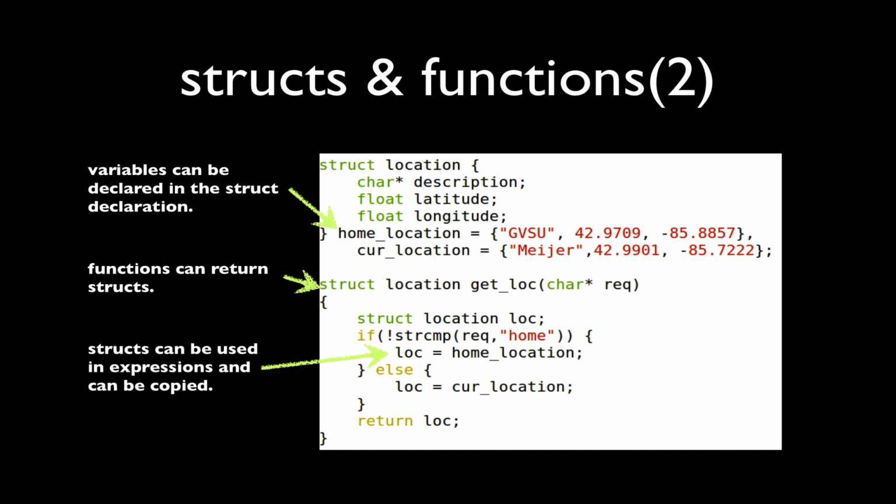And if it's not home, I'm going to be in the else clause, and I will do an assignment of cur_location. And what happens there is a member by member copy. So the values of the individual data items in the structure on the right end up getting copied into the corresponding values of the structure on the left hand of the equal sign.